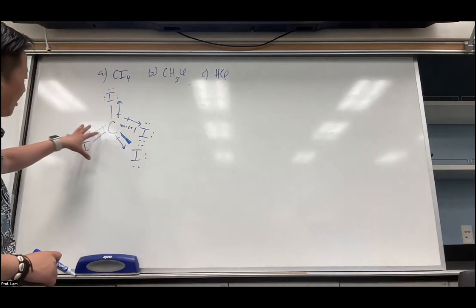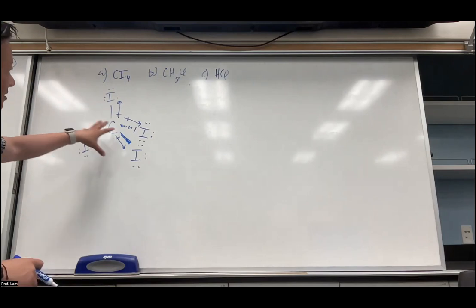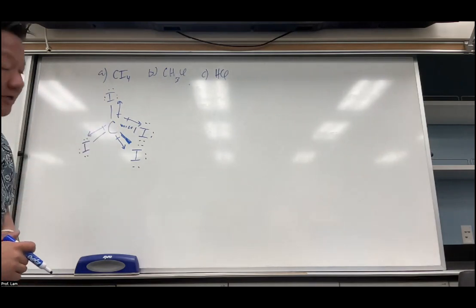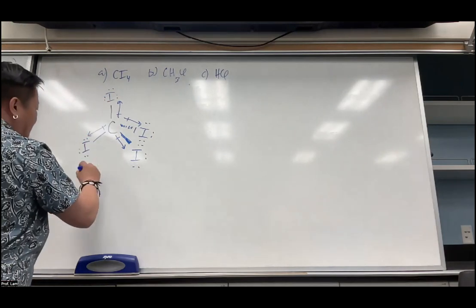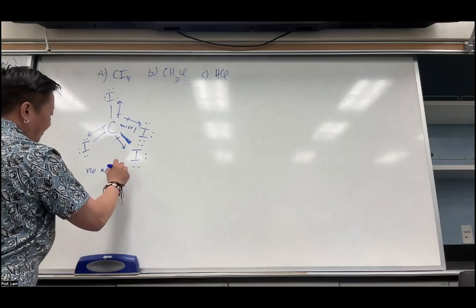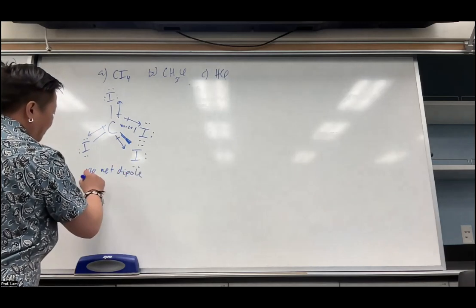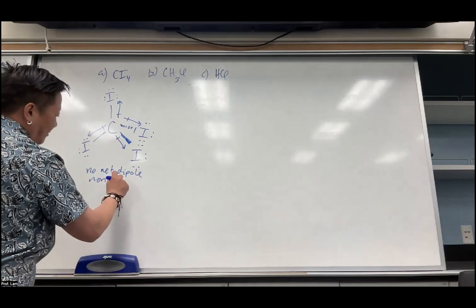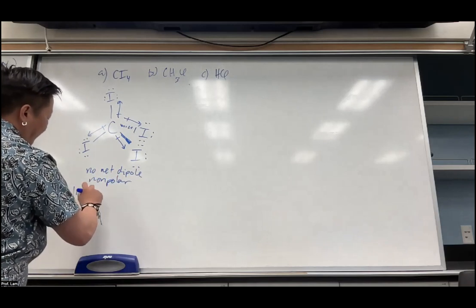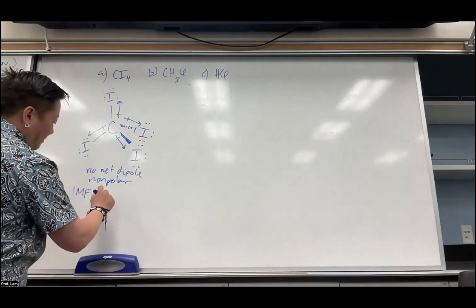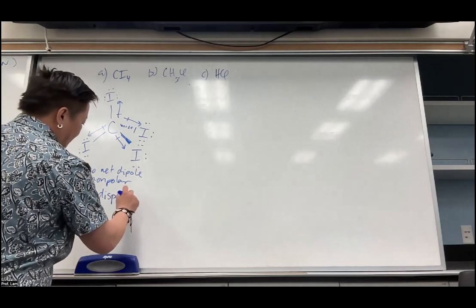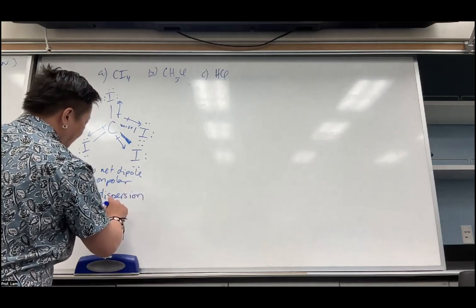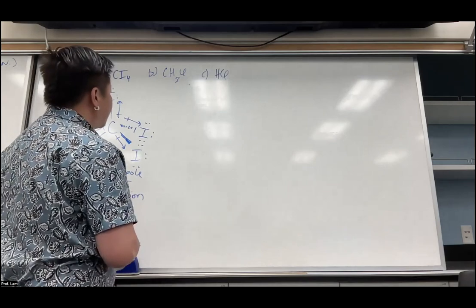But it's very symmetrical, and so all the arrows basically cancel. So you have no net dipole. You would conclude nonpolar as your molecule. And what's the IMF only present for nonpolar? Dispersion. Right? But that's not it.